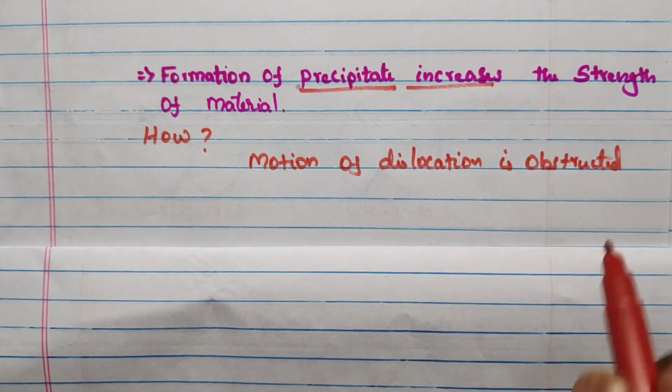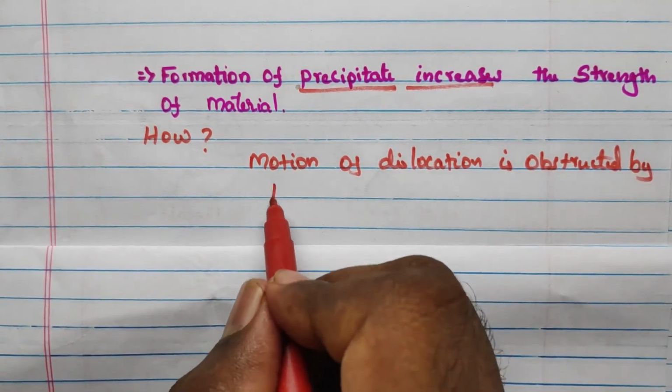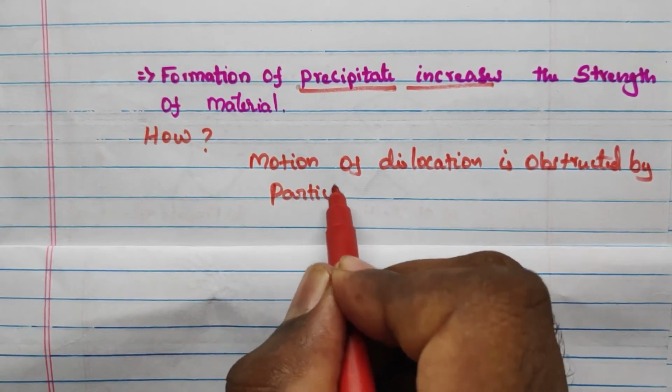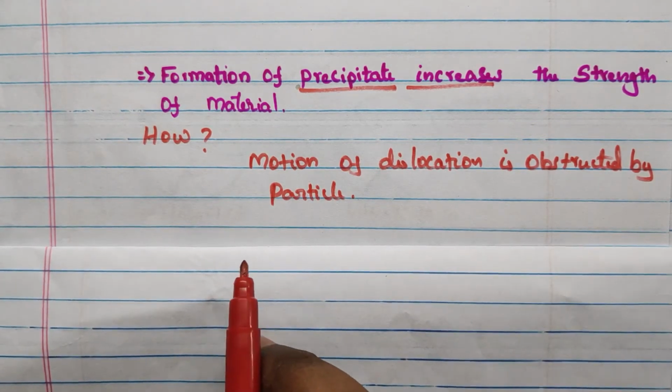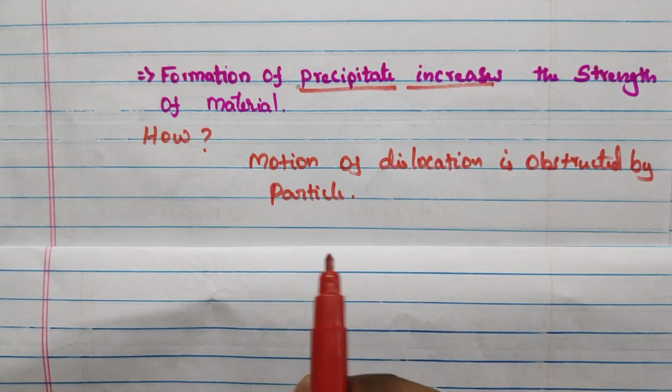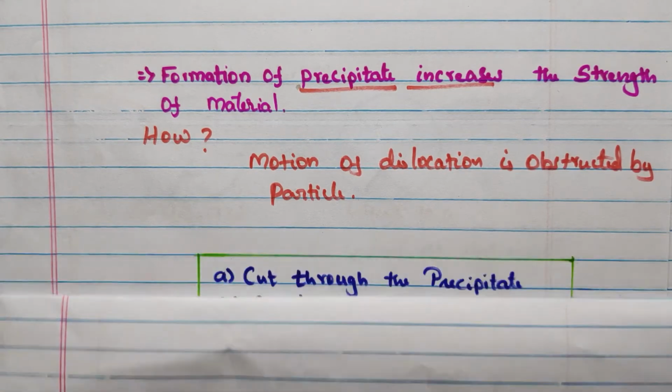But here, it is obstructed by means of particles. That is the difference from the last method. In general, it happens in the material by two mechanisms.